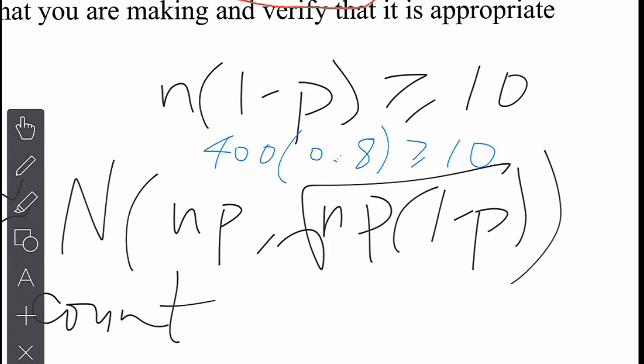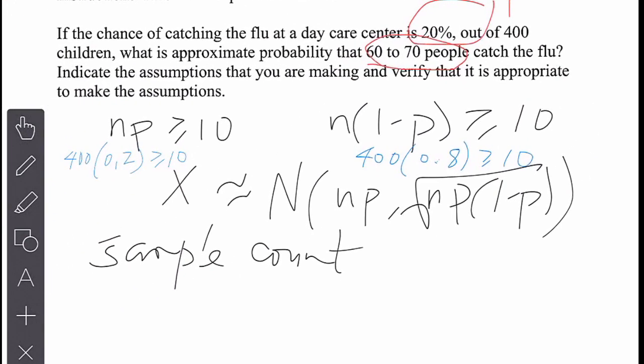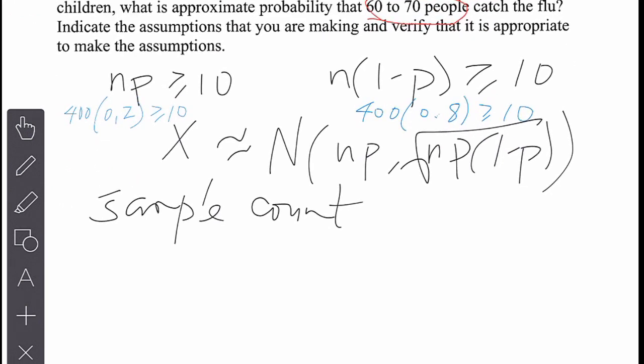So then, it's true that the sample count is approximately normal with a mean of np. So let's calculate all that. So X is approximately normal with n times p, so that's 80.